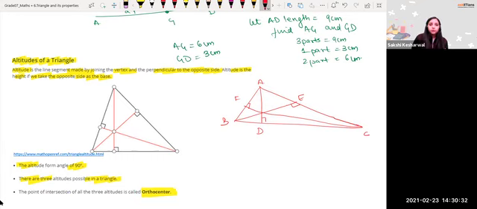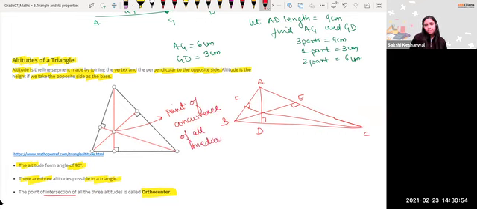So we say that the point of intersection or concurrence. I will write the word concurrence, and intersection is already written over here. Point of concurrence of all altitudes is called the orthocenter, right?